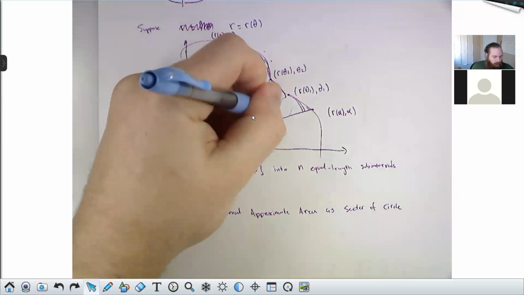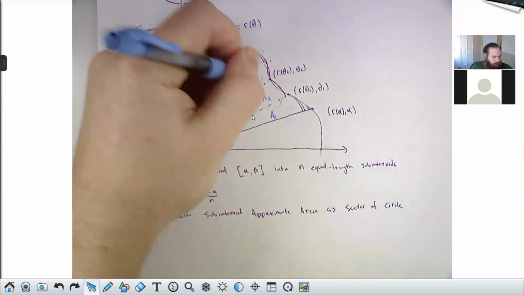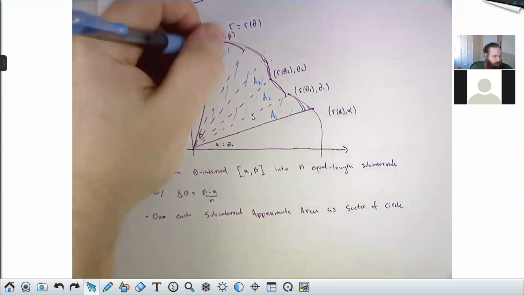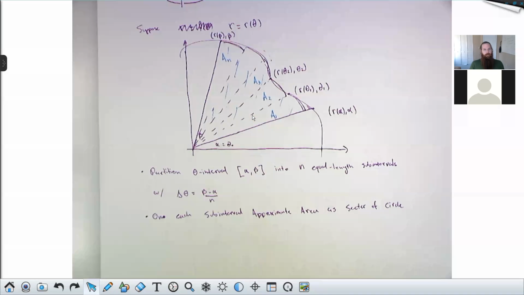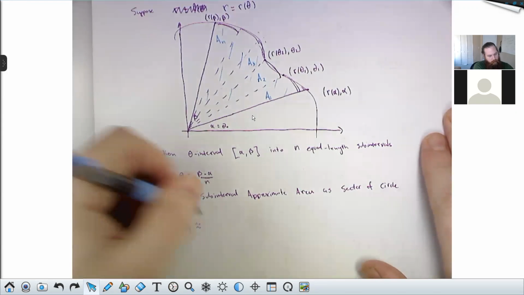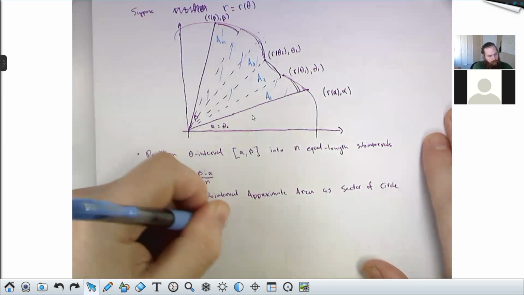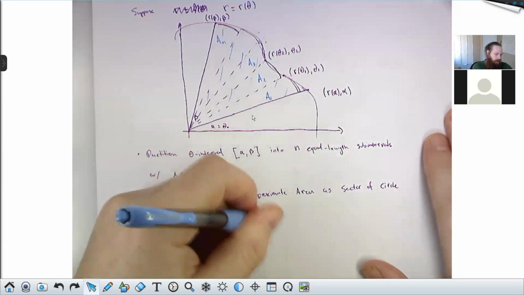I call the area here A1, A2, A3, and so on. This last guy is AN. Then the total area is approximately A1 plus A2 all the way out to AN.